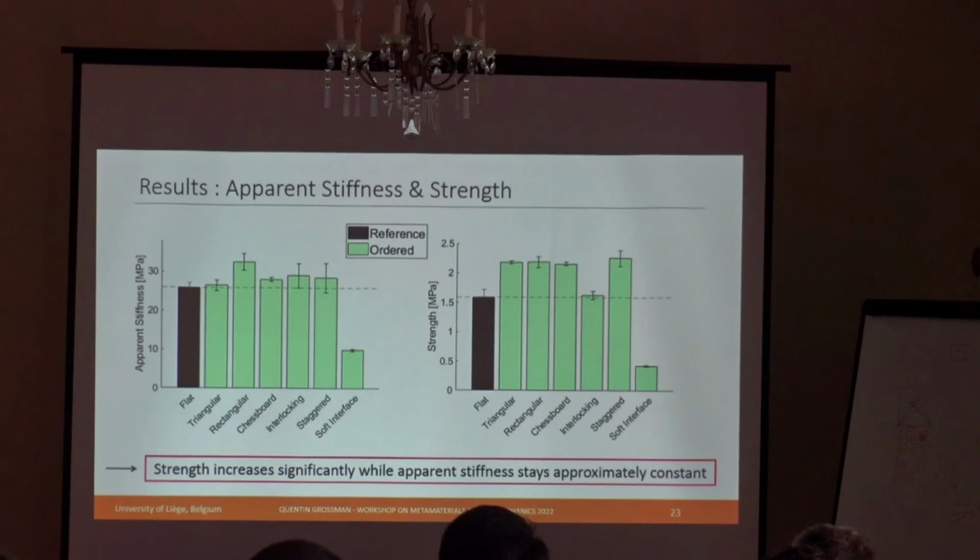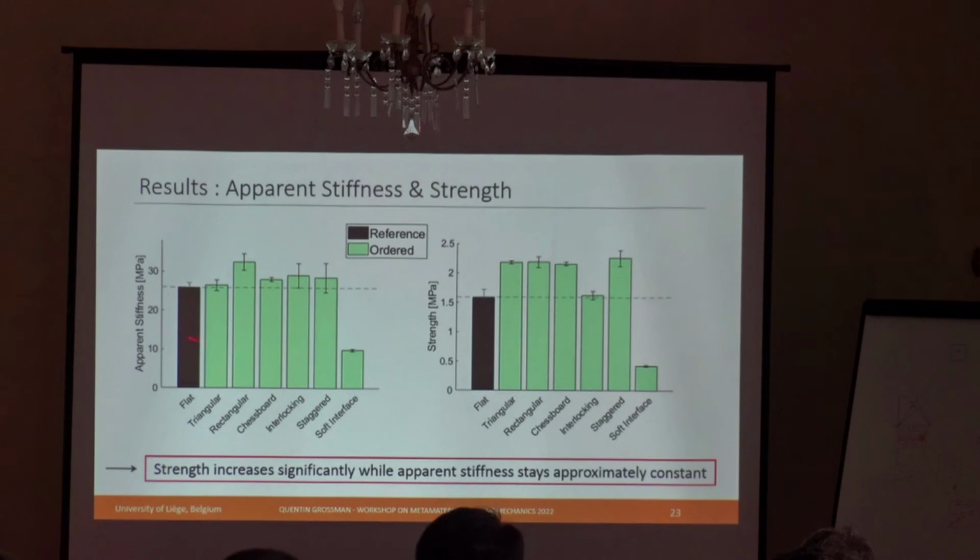So we computed the apparent stiffness and the strength of those different geometries. You can see that for the apparent stiffness, except for the rectangular, which is a little bit higher, and the soft interface, which is smaller, it is more or less on the same level as the flat case.